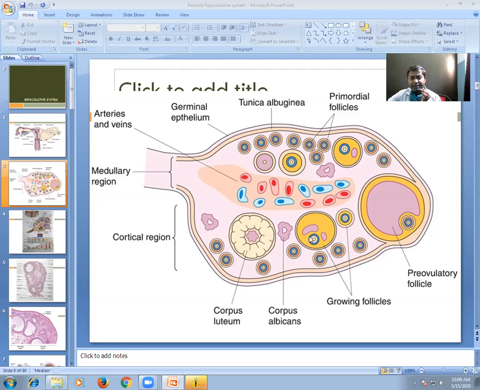All these cells are seen in the cortex, whereas the medulla consists of connective tissue plus the arteries and veins which are supplying the ovary. So what is the structure of the ovary? Go from outside in. First, germinal epithelium, simple cuboidal epithelium, then the covering known as the tunica albuginea, then the area known as the cortex, and the innermost area known as the medulla.